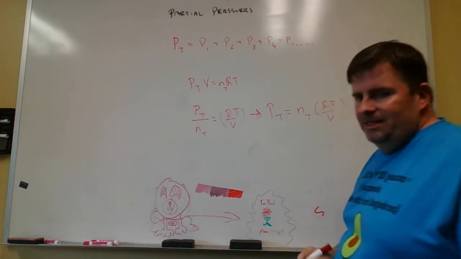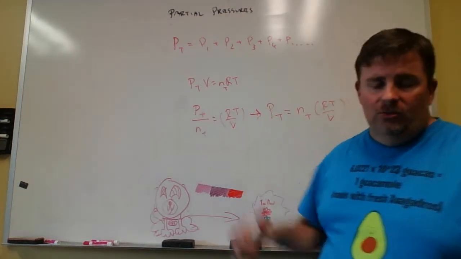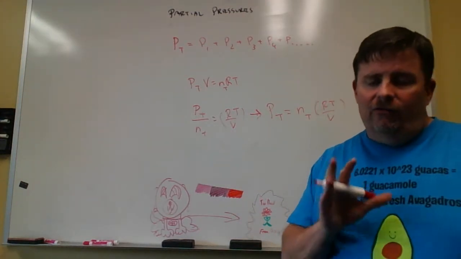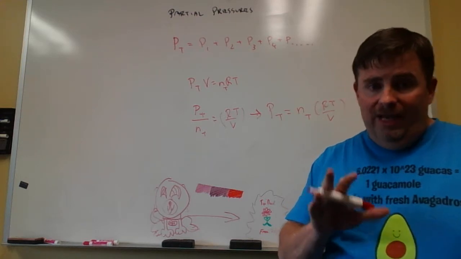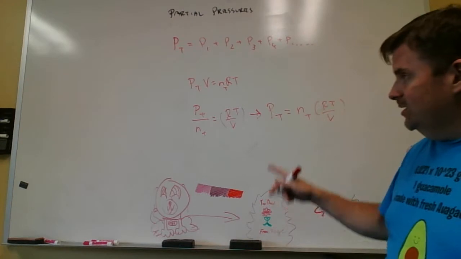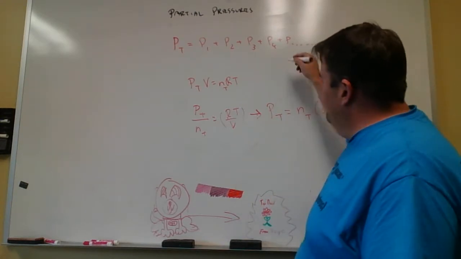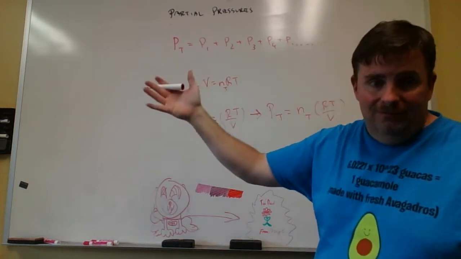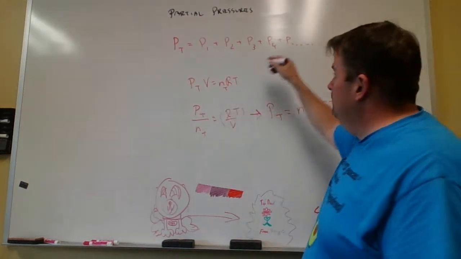Now what this means is that they're relatable. Okay, so that means that whatever fraction I have of gas in a system is going to be related to the number of moles that's in a system. If I look at P1, how do I determine the fraction of P1 that's in my system?